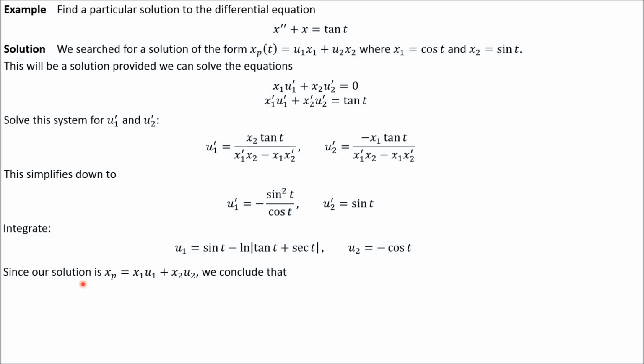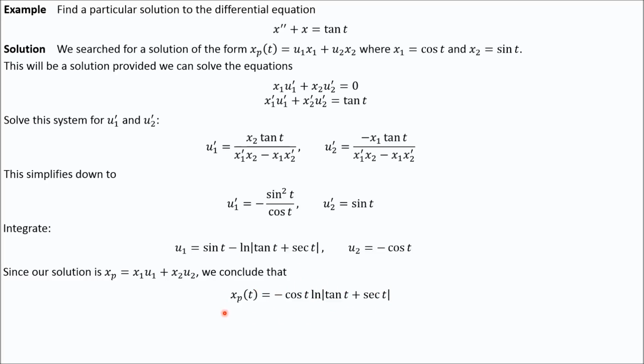And since our solution is x1 u1 plus x2 u2, we conclude that our particular solution is, well, x1 is cosine, u1 is all of this, and then x2 is sine, and u2 is cosine, so we have a sine cosine minus sine cosine that cancel, and what we're left with is cosine t times this natural log with a minus sign.